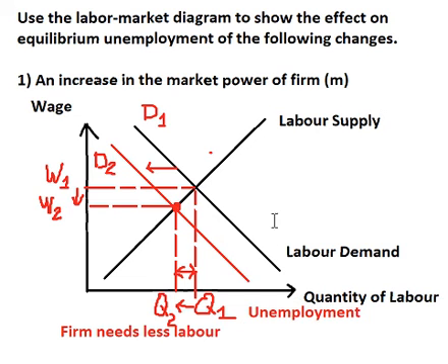Because the company doesn't want to hire more workers, unemployment increases. They reduce the wage, they reduce the quantity, so unemployment increased.